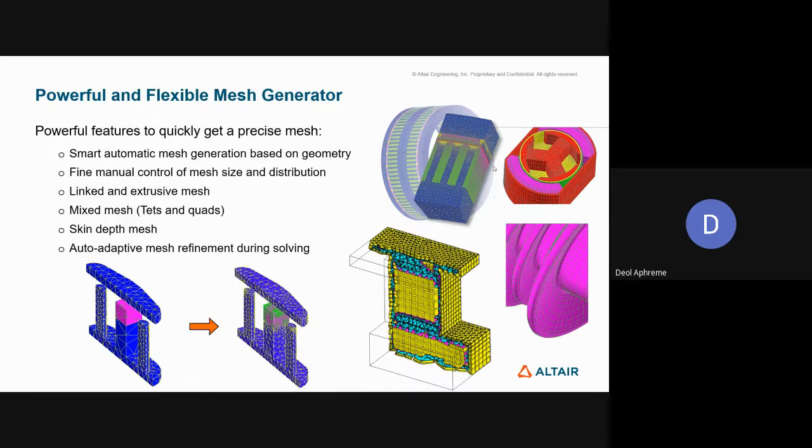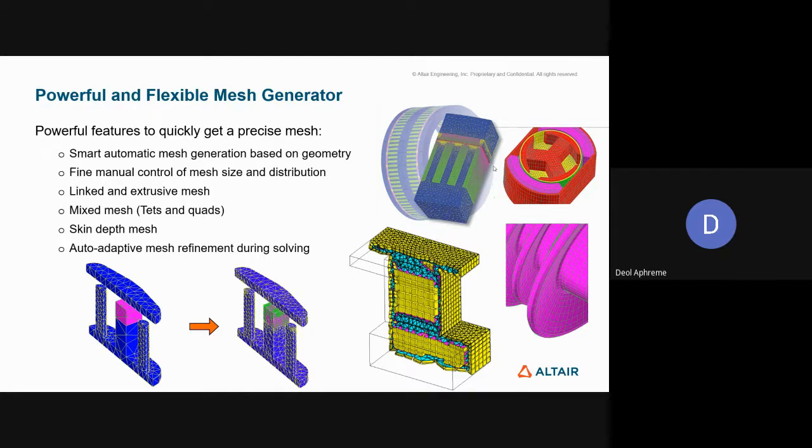So Flux offers the user complete control over the mesh. You can define how you want to mesh the entire domain. Or if you are not a mesh expert and you are new to meshing, we also have something called an aided mesh or an automatic mesh. So the algorithm basically finds regions which have a possibility of interaction.